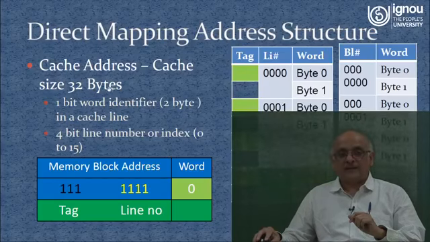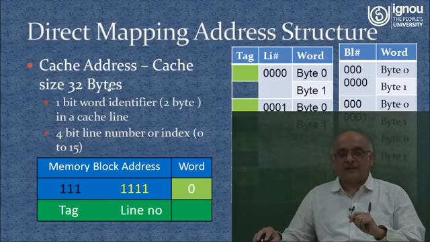We are following the direct mapping scheme. How many bits are there for the cache line? 4, right? So these 4 bits represent which cache line this particular address can reside in. It identifies the line number, just like I stated about the team number.